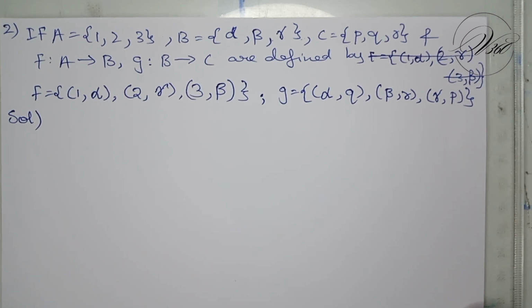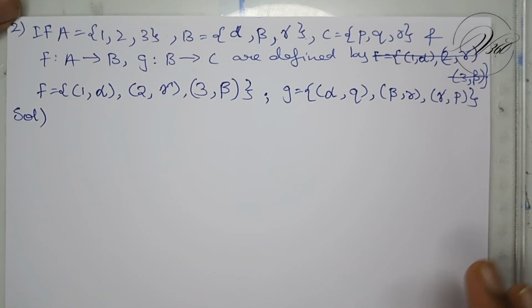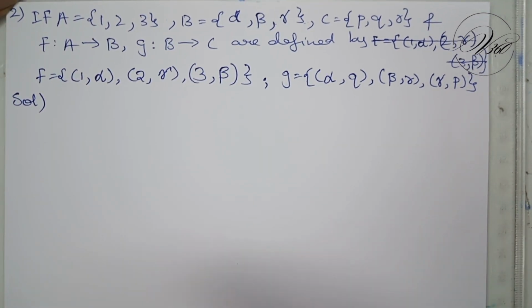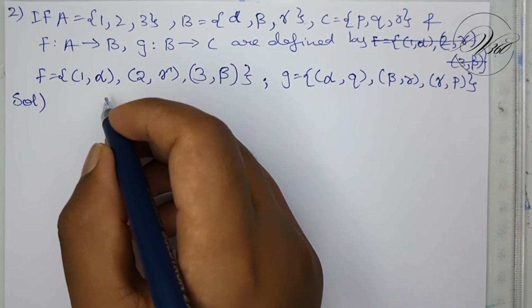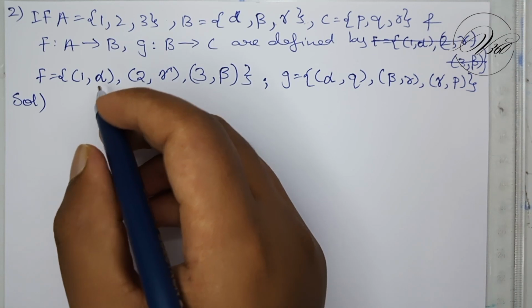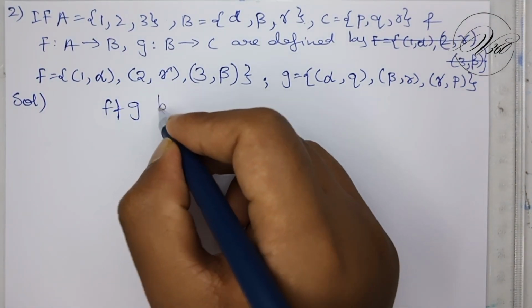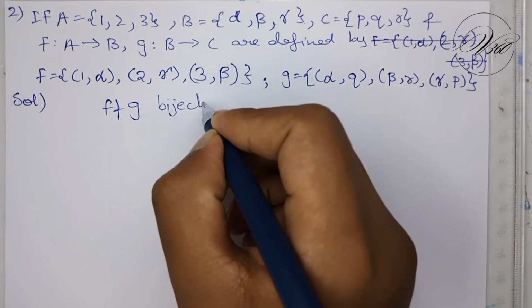Now we are going to solve the problem. Before that I will write what to do here. We should show that f and g are bijective functions, that is bijections.